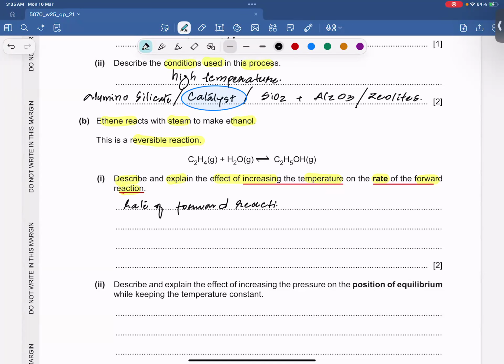Rate of forward reaction increases as temperature increases. Kinetic energy increases.